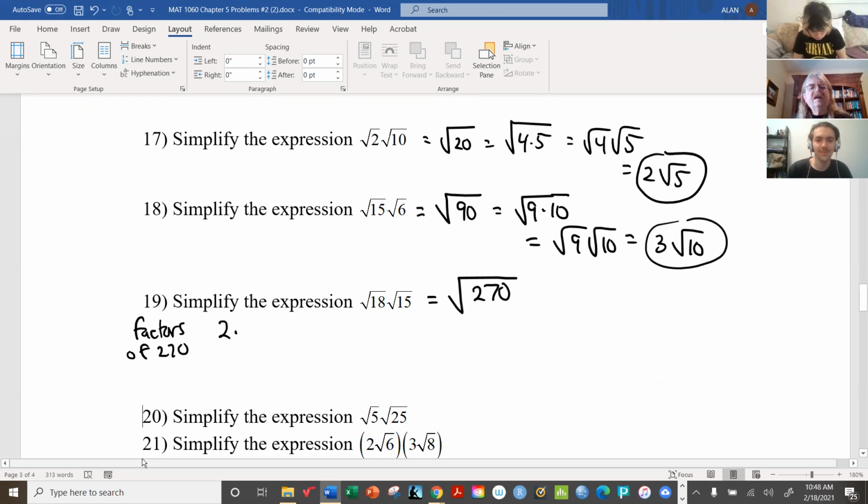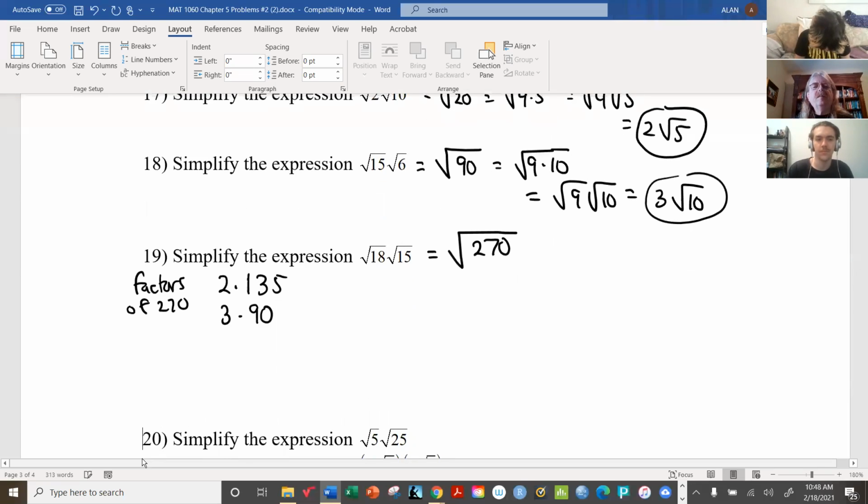Well, 2 and 135 doesn't seem to help. Oh, here we go. See, now 3 and 90 by itself is not that helpful, but this implies that we have 9 times 30. And that's what we're after.